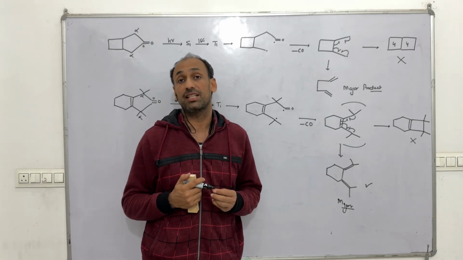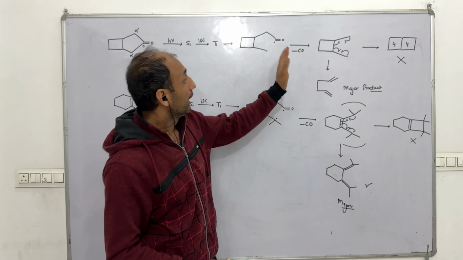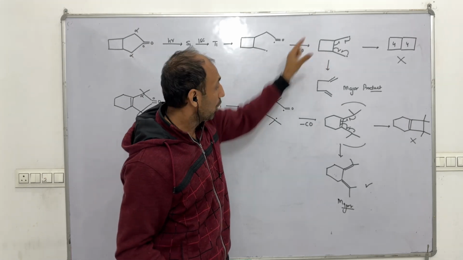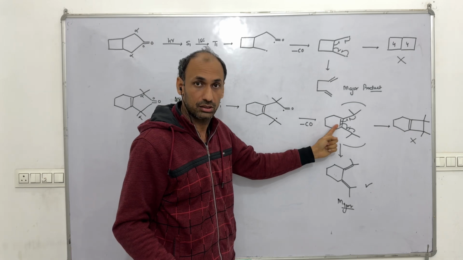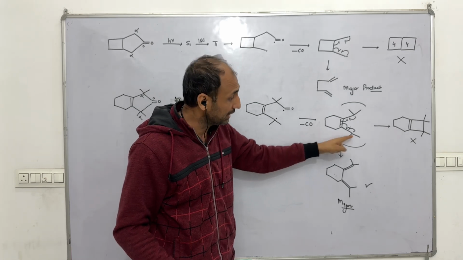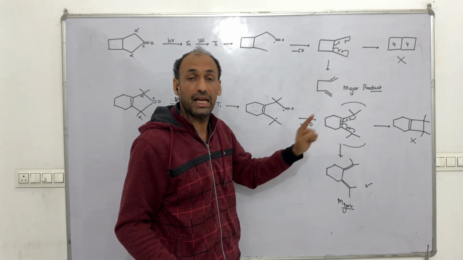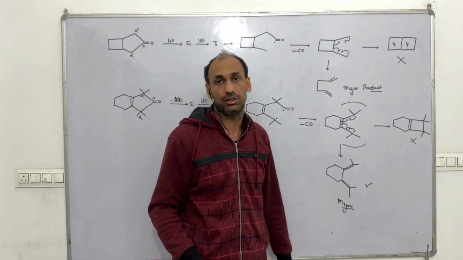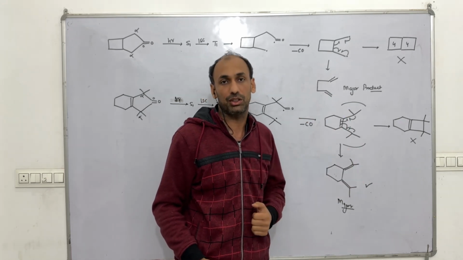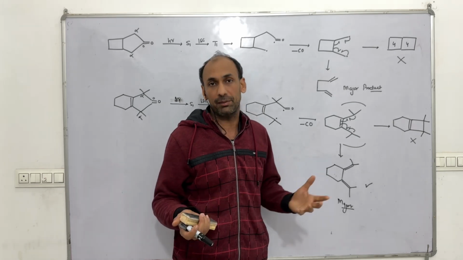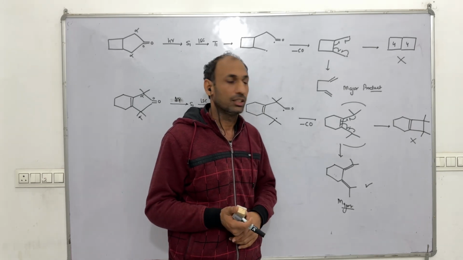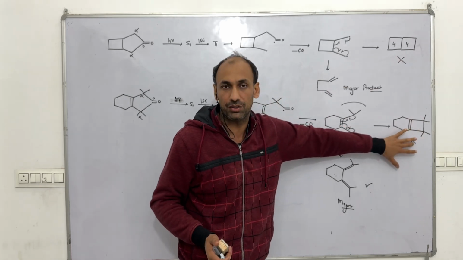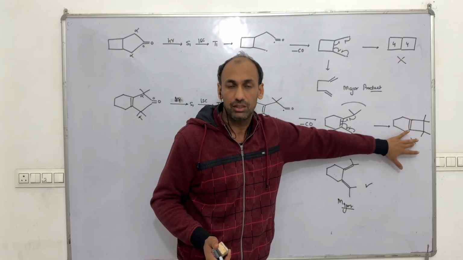I hope you have understood. If you have either a strained system or a pi bond adjacent to the radical, it will always help the radical to get a stable molecule by opening up the ring. So forming a ring will be our least priority in such cases.